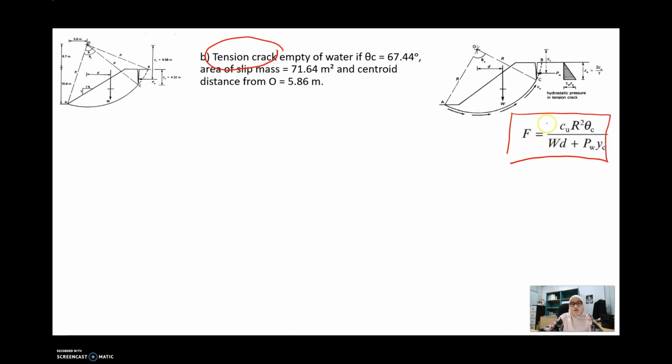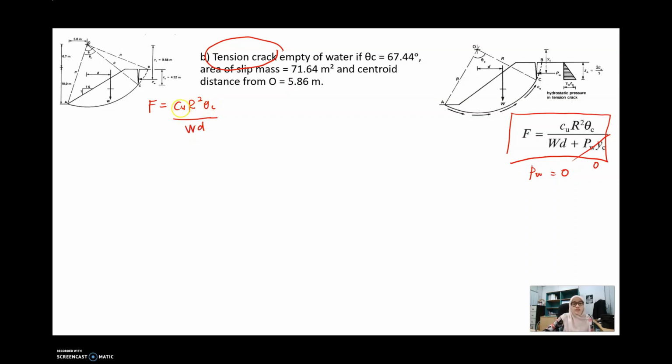But since in this condition there is no water inside the tension crack, this value disappears. PW is equal to 0. So the final is F is equal to Cu R square theta divided by W.